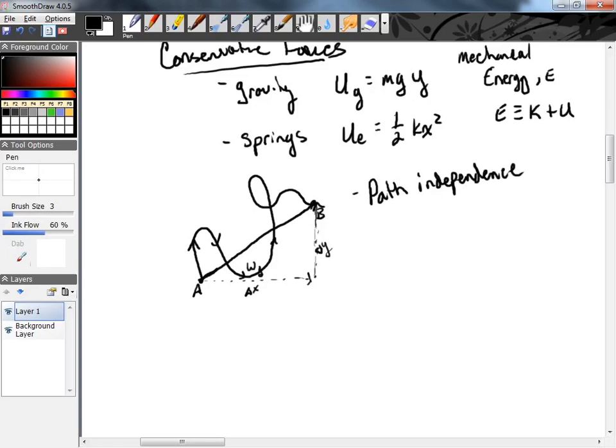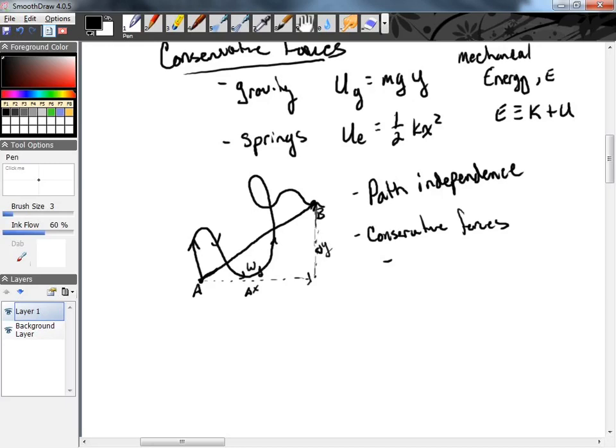Okay, and that conservative forces, when they do work, the work done by these forces doesn't depend on how you get from one point to the other.